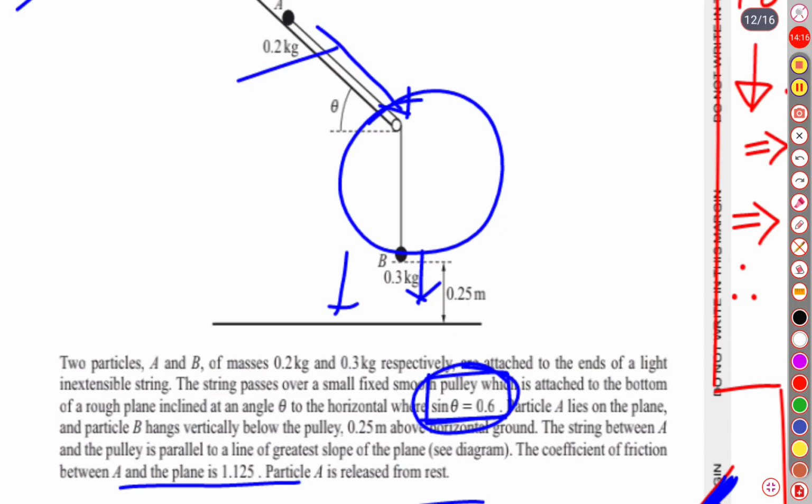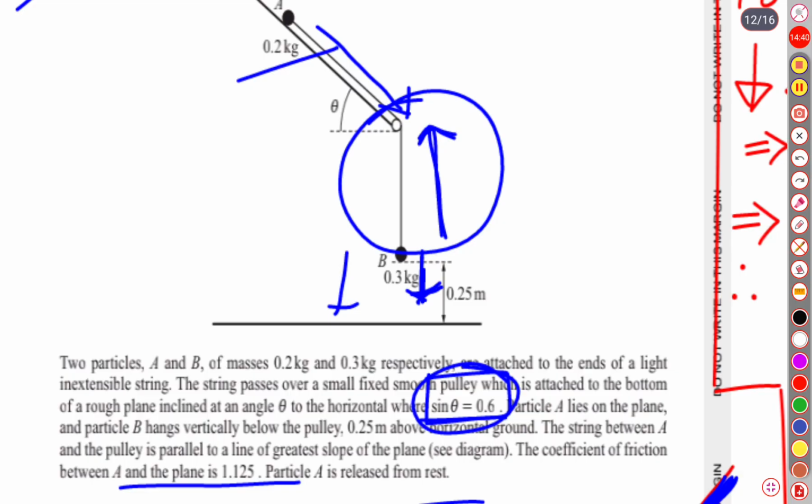So only weight is acting as the driving force. And what will be the negative force? What is causing resistance to this motion? Actually nothing but the tension, because there is a tension acting between A and B. So driving force for B is weight, and resistance force for B is nothing but the tension.